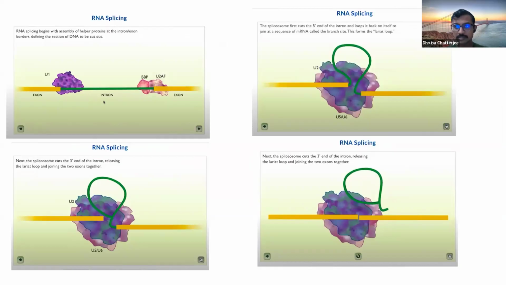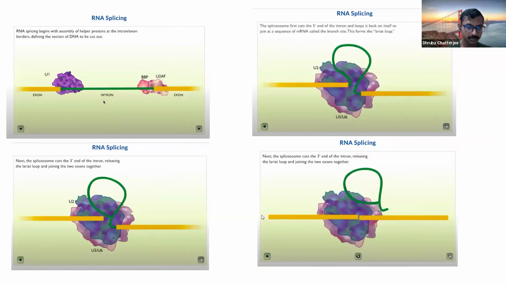The mRNA transcript that is formed from the gene or from the DNA, having both the exons and introns. The spliceosomes cut off the introns and join together only the exonic sequences to form your mature mRNA, so that it can encode for the certain amino acid sequence of the proteins.